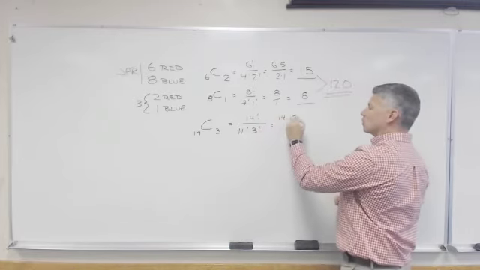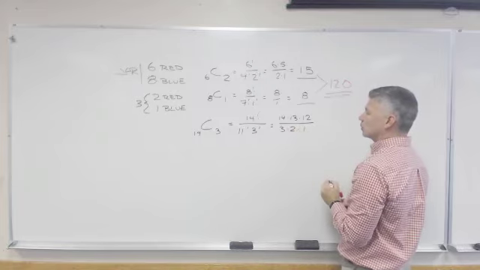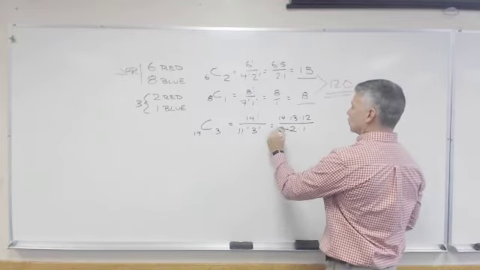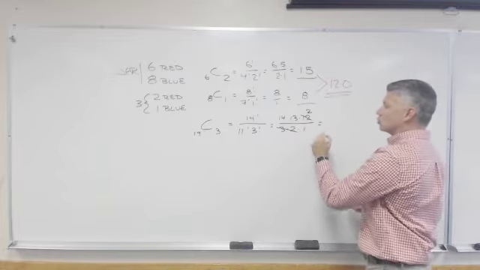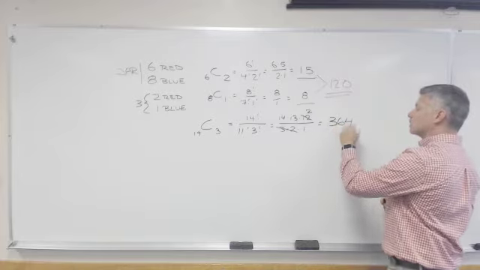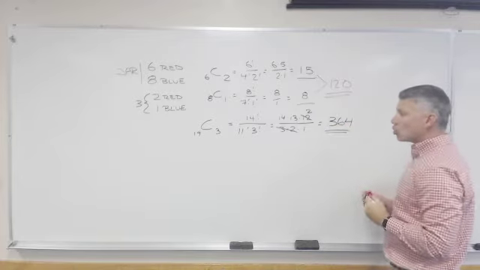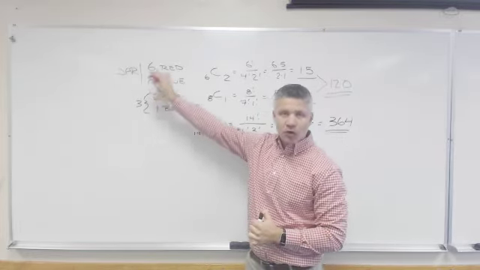That's 14, 13, 12 over 3 times 2 times 1. We could reduce if we wanted to. 14, 13, and 2. There are 364 total ways of pulling 3 marbles out of this jar.